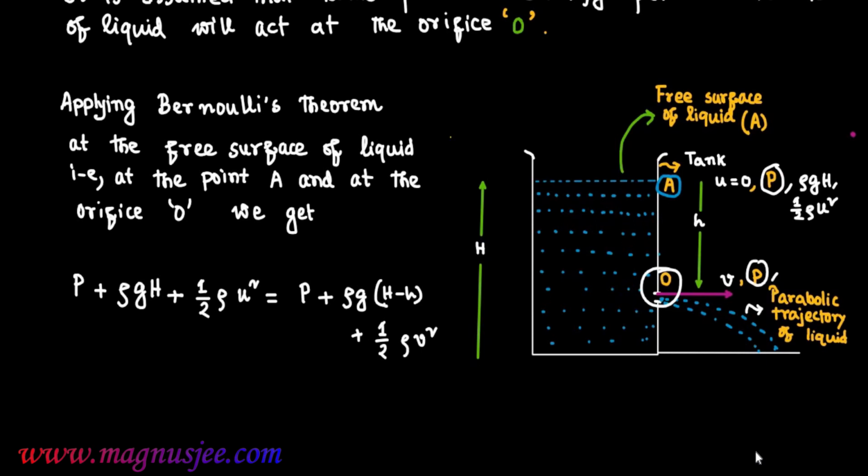And at the orifice O, P is the pressure energy per unit volume, the same pressure energy per unit volume, and the orifice is at a height H minus h from the ground.